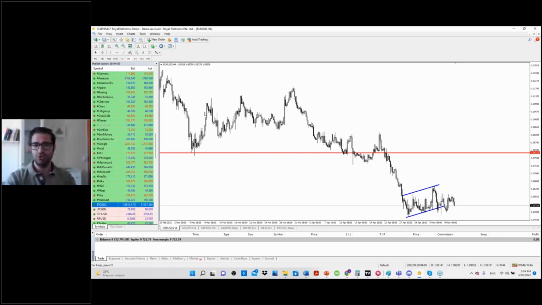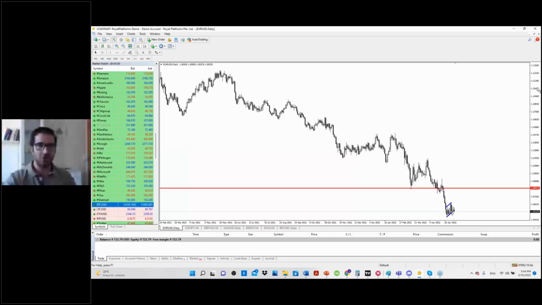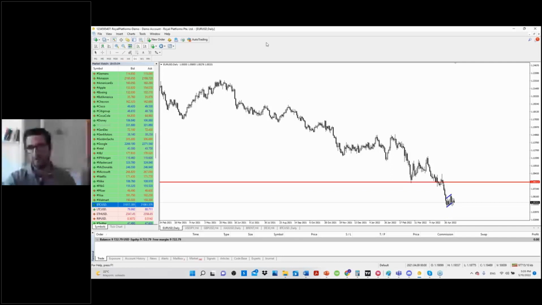So for Euro USD, let's start with this currency. If we look at it on the daily time frame, the higher one, we can see that the market is in a clear downward movement. We have lower highs and lower lows. It is obvious.